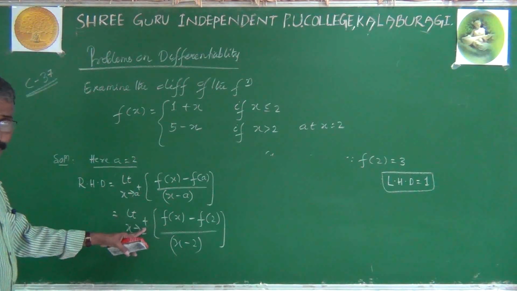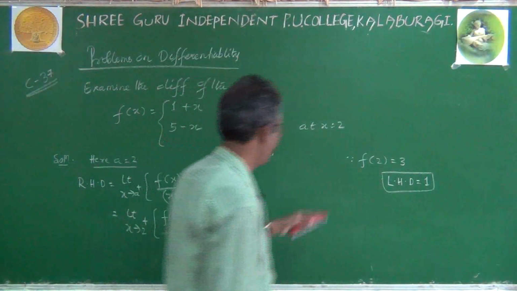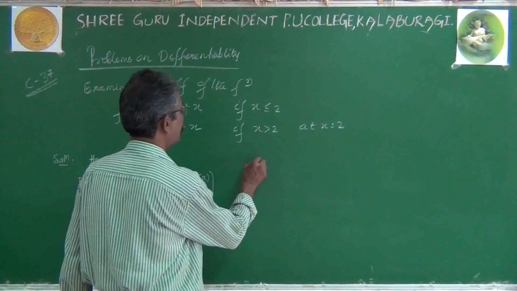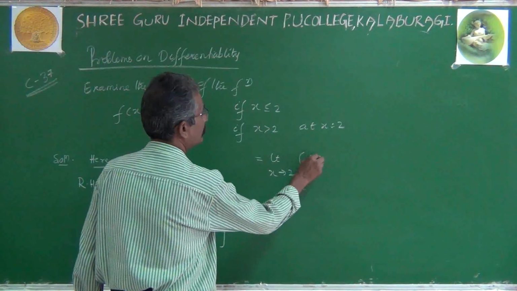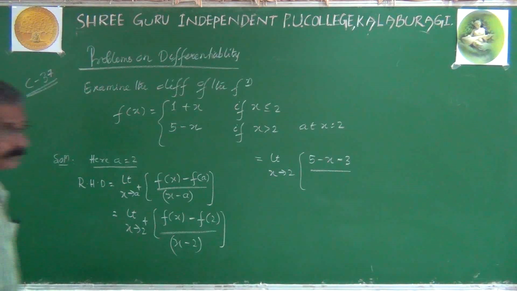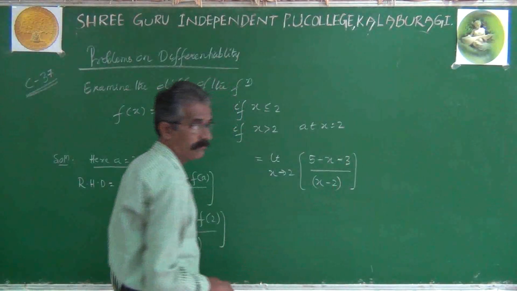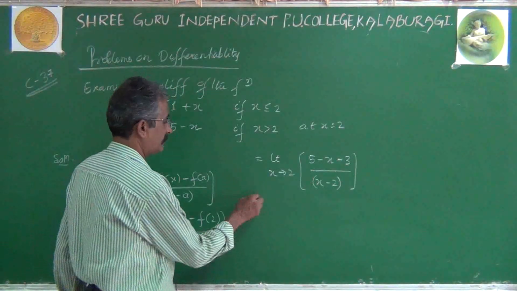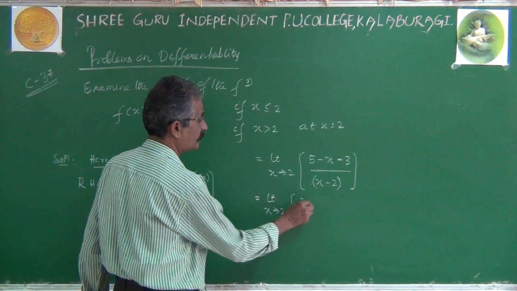And what is the meaning of 2 plus? More than 2. When x is more than 2, the function expression is 5 minus x, and at the same time f of 2 is 3. That is the limit as x extends to 2 of 5 minus x minus 3, divided by x minus 2. Five minus 3 is 2, so it will be 2 minus x divided by x minus 2.